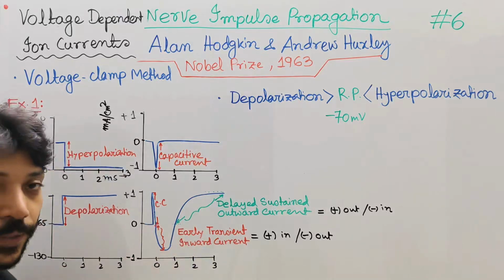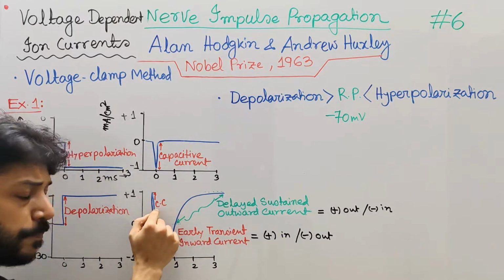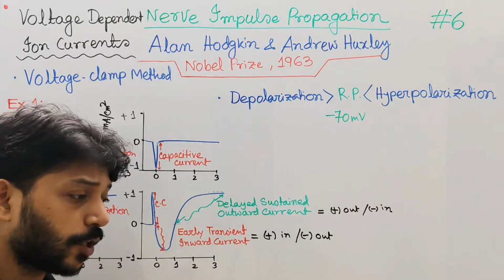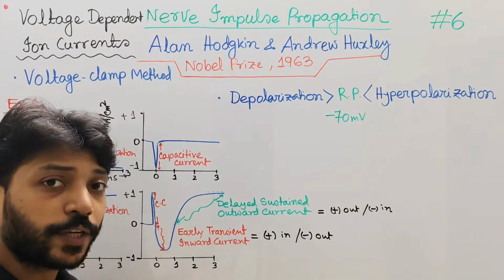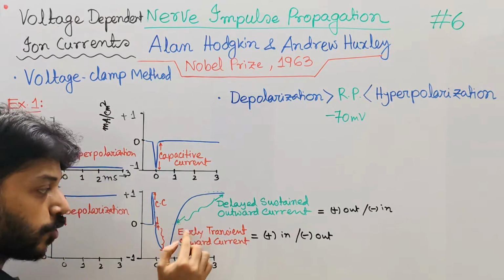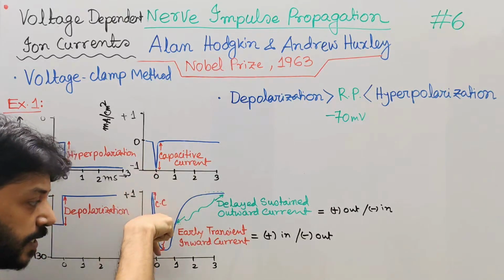Now why is it called early? Because this current is generated just after the capacitive current, so it is early. Now transient because it lasts only for a short time, like 0 to 1 millisecond. So it is early transient inward current because the current goes in this direction.